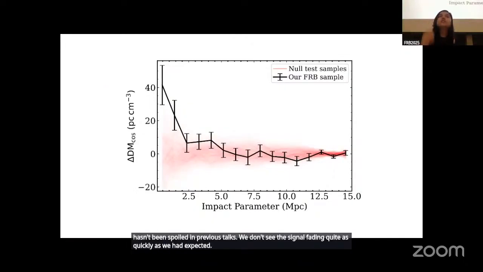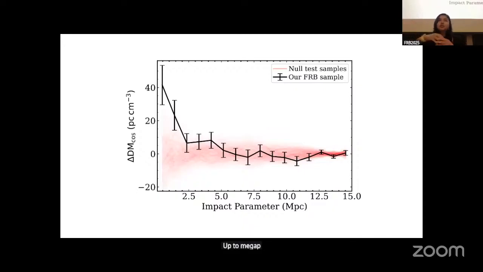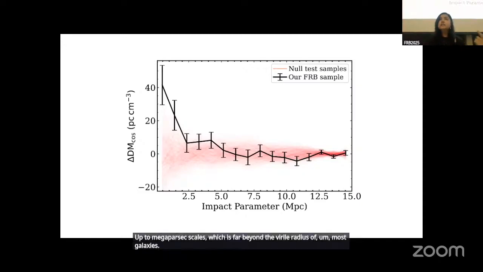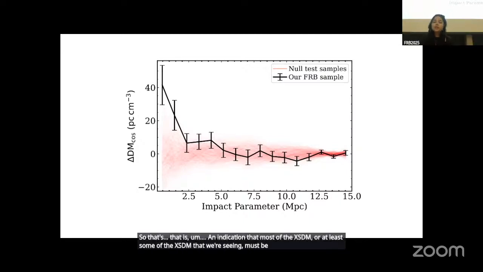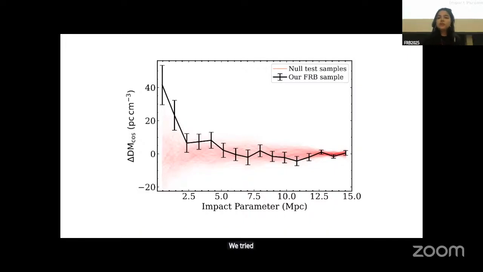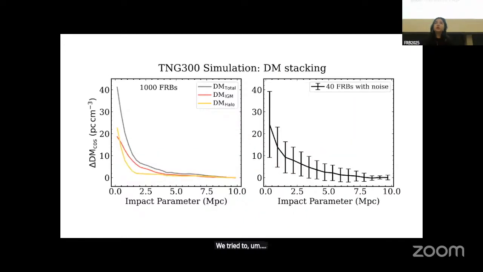The signal actually persists a little bit longer, up to megaparsec scales, which is far beyond the virial radius of most galaxies. So that is an indication that most of the excess DM, or at least some of the excess DM that we're seeing, must be coming from the IGM. We tried to test this with a simulation.